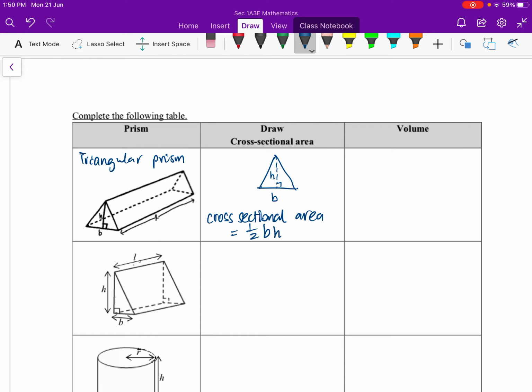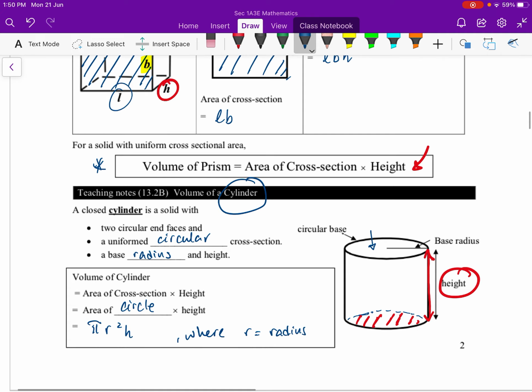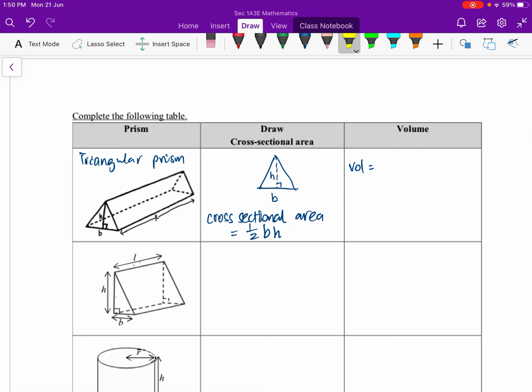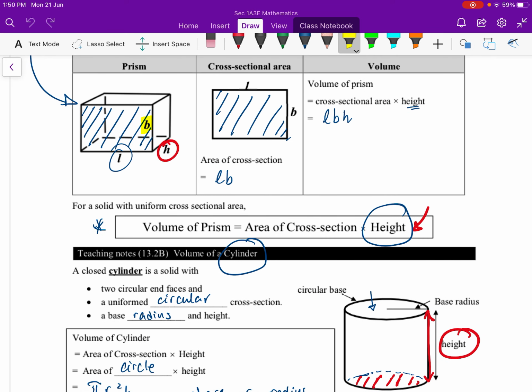Now we come to the volume. Volume is given by the cross-sectional area multiplied by the perpendicular height. Now it becomes a little confusing. This height and this height, are they the same height? Because in our formula for the area of a triangle, we call it half times base times perpendicular height, and in our calculation of the volume of the prism, we have the area of cross-section multiplied by the height again.